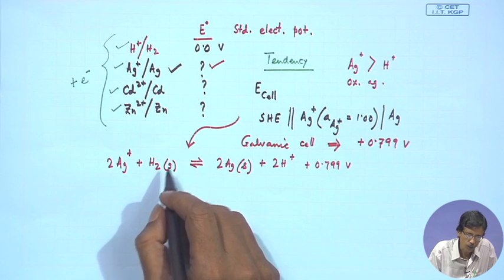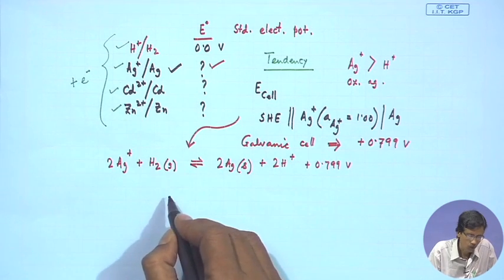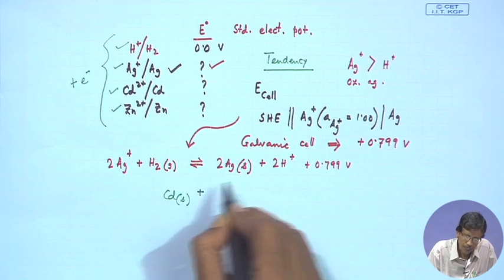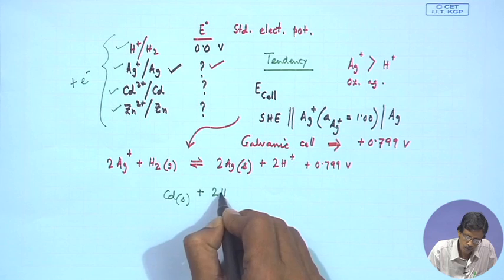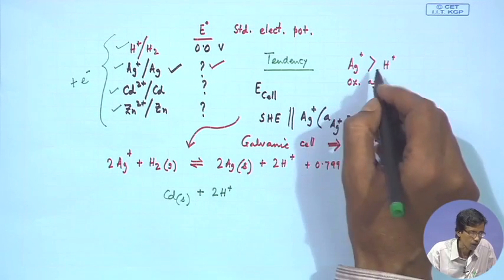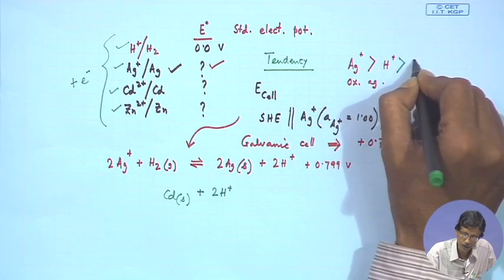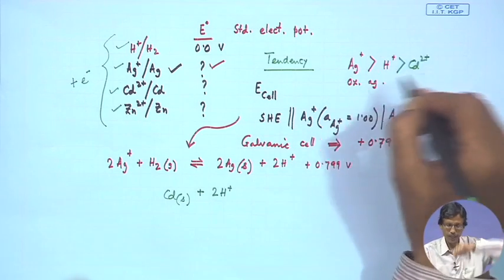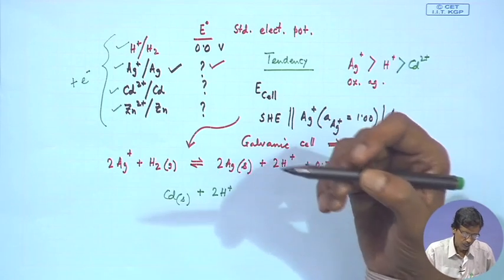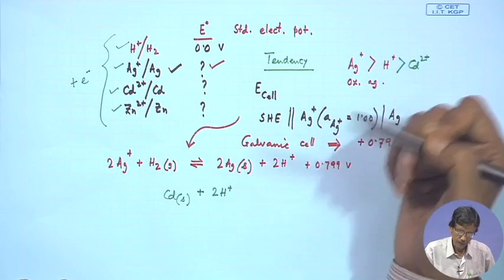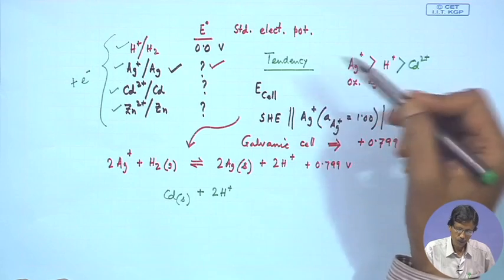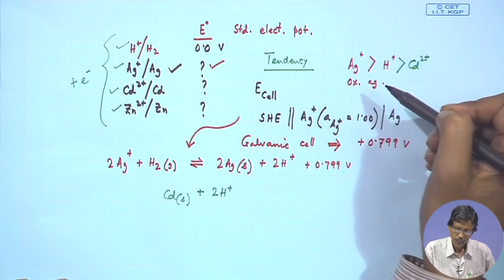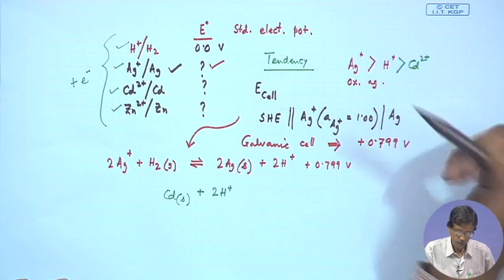This comparison we all know, that cadmium as solid can react with this proton, because cadmium is on the other side. So, from the electrochemical table we know that if silver is above H plus, then cadmium will be below.